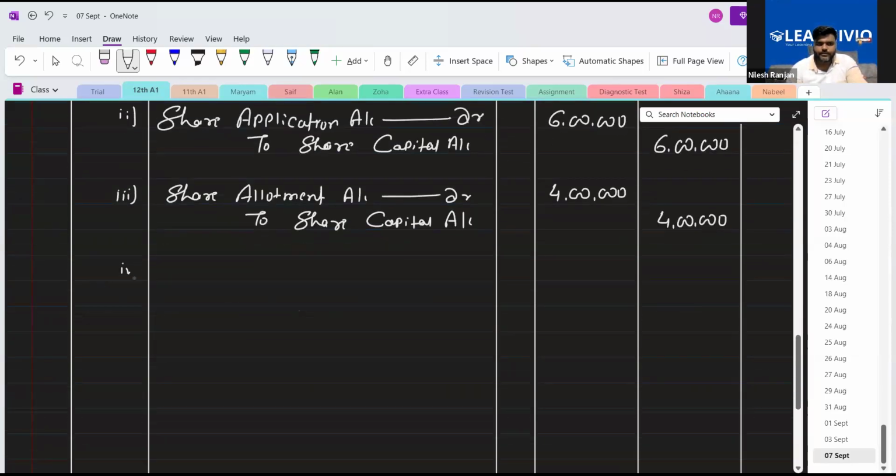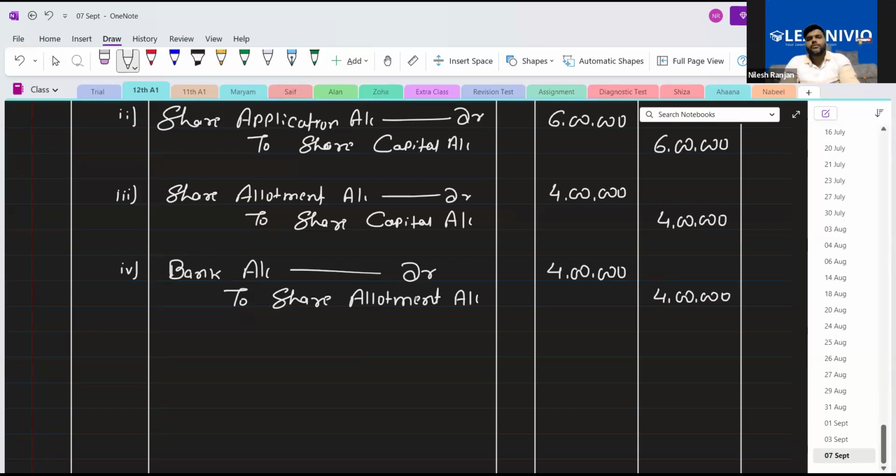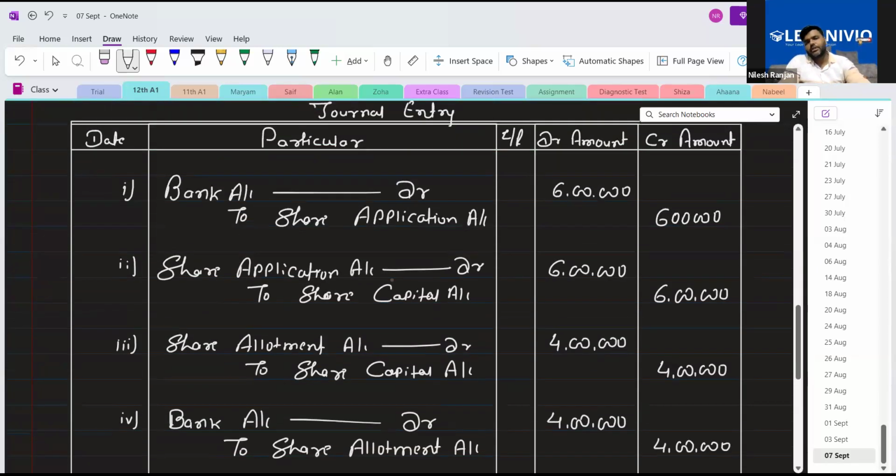Then the fourth one, bank account debit to share allotment account. So these are four entries up to allotment, because after this there is the calls in arrear and calls in advance concept. So complete up to this point and then we will stop.